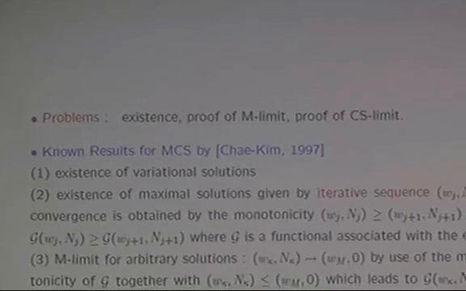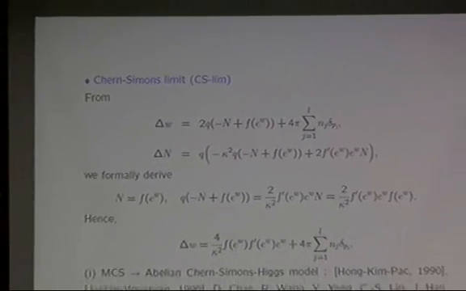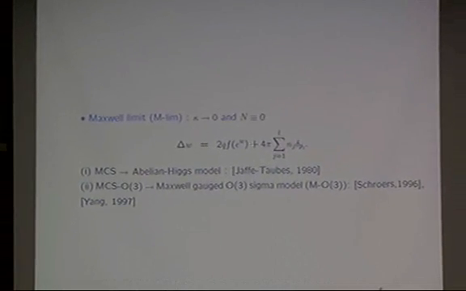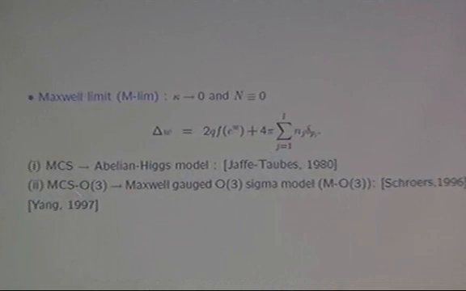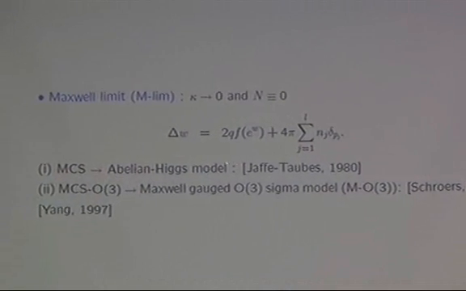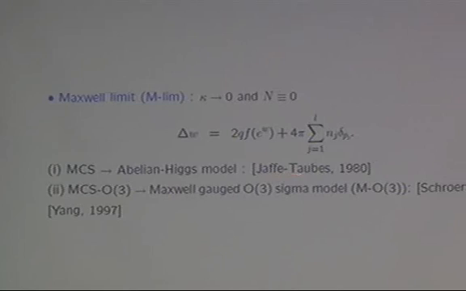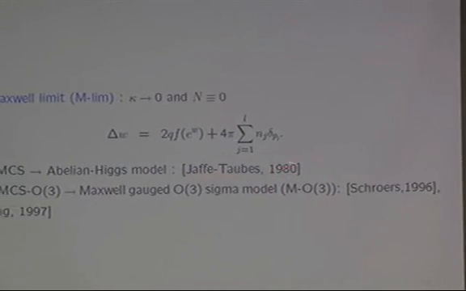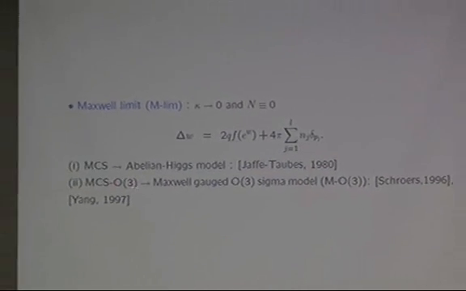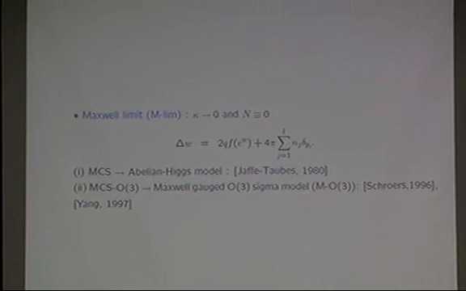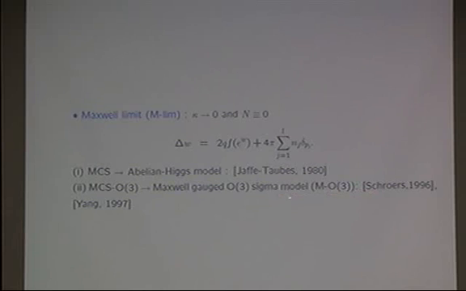So we have this single equation, which is called, in the Maxwell-Chern-Simons case, the abelian Higgs model, studied by Jaffe and Taubes in the 1980s. And for the Maxwell-Chern-Simons O3 model, this corresponds to the Maxwell-gauged O3 sigma model initiated by the physicist Schroers and studied by the mathematician Yang.